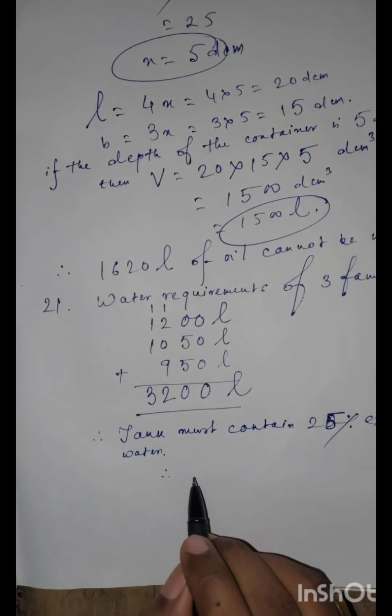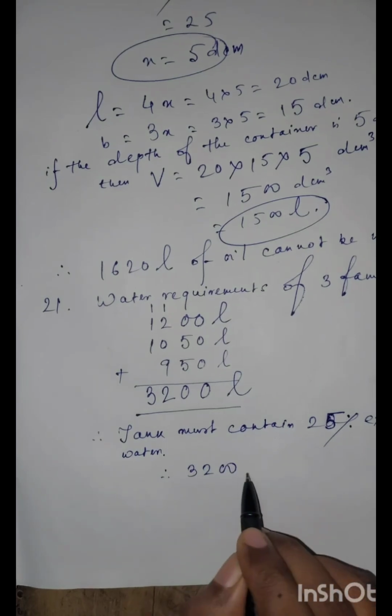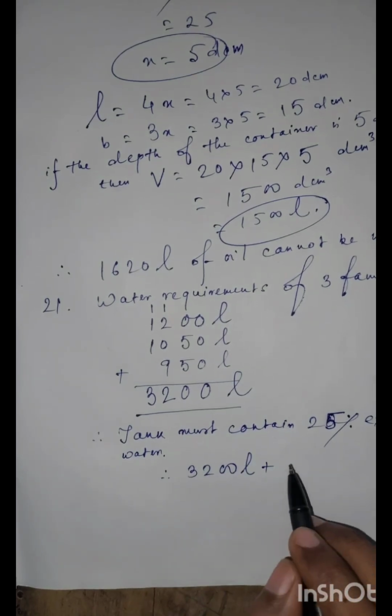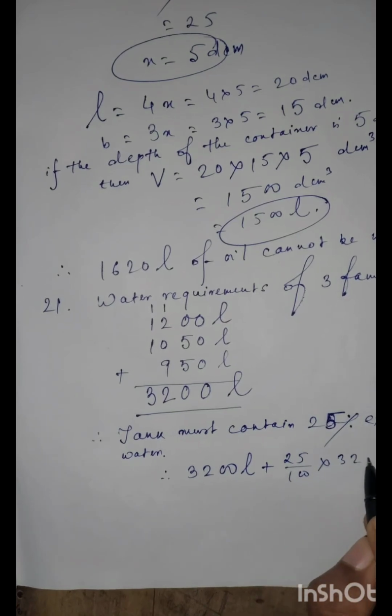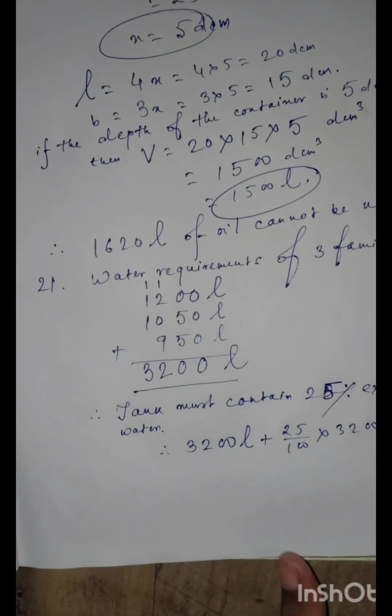Therefore, 3200 liter plus 25% of 3200 liter. This much water must be there.